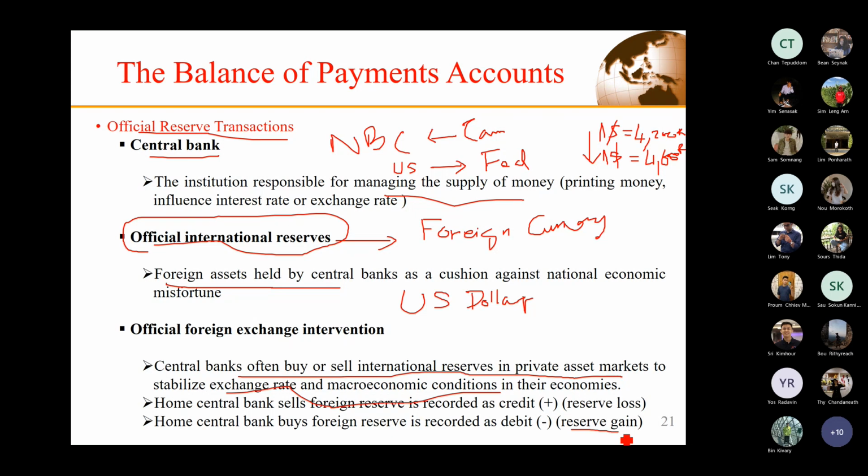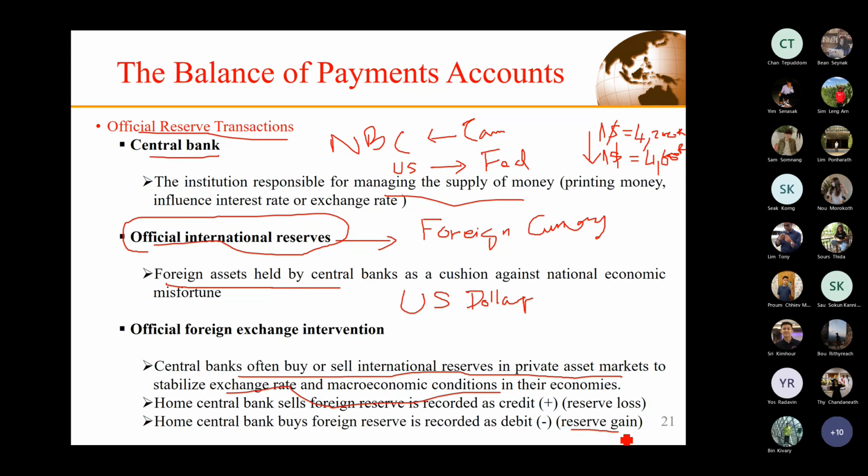We will talk more about the mechanism of how they intervene in the subsequent chapter. Don't worry, we will talk more about the role of the central bank later. But for the moment, what you need to remember is that it's a very important asset that each central bank in each country always wants to accumulate.